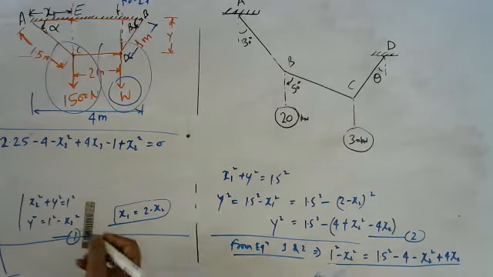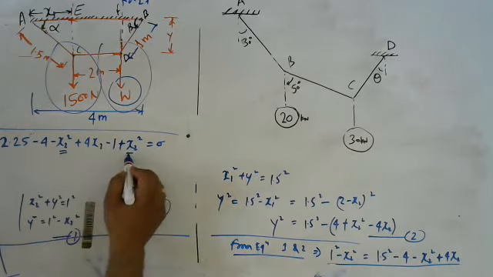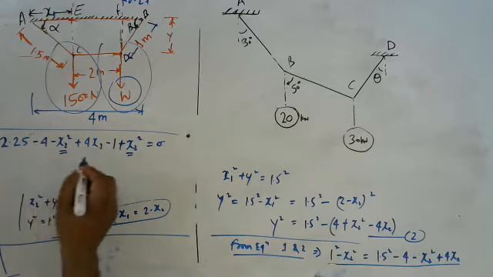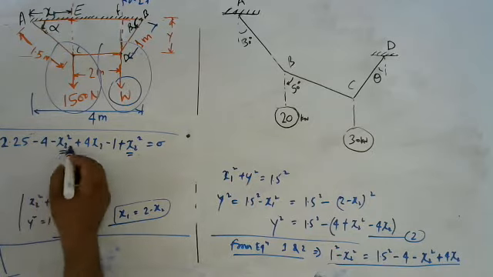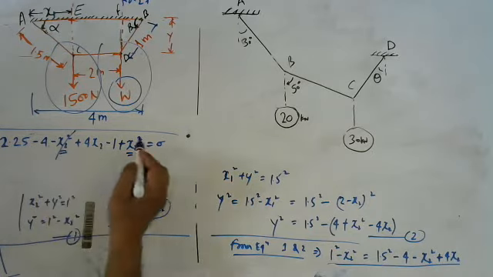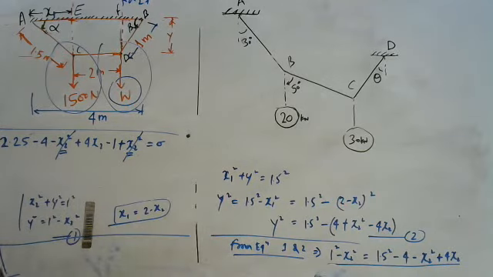From this equation we can find the value of x2. So after solving this equation, x2 square and this is plus x2 square, this is minus, x2 square cancel out.